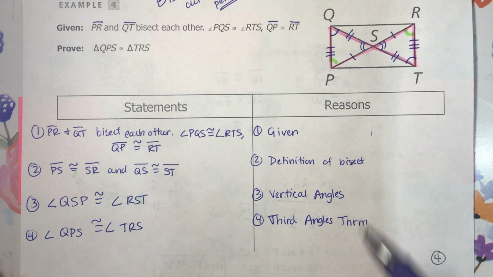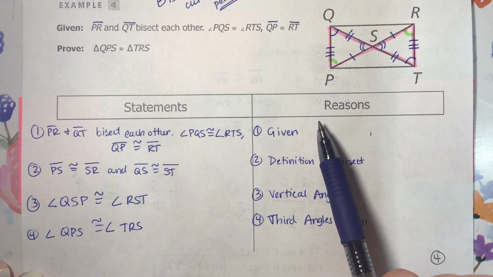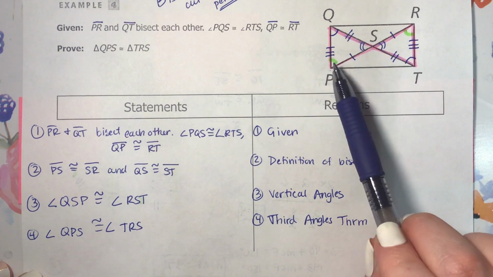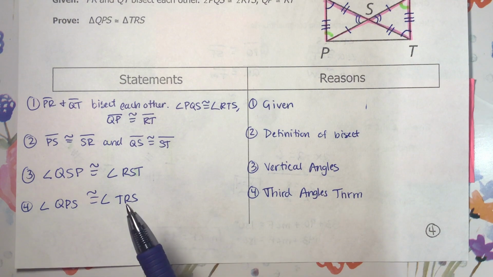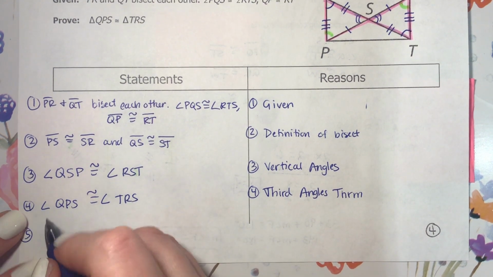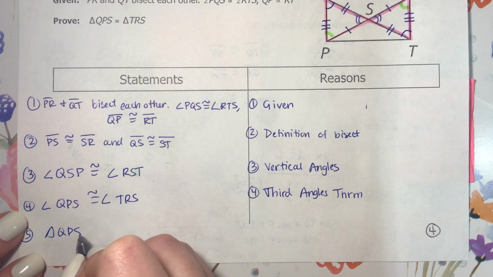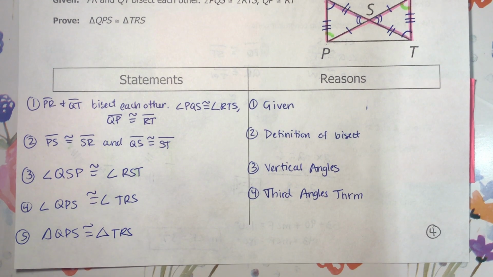So now I'm at a point where I have 3 pairs of sides that are congruent to each other, as well as 3 pairs of angles that are congruent to each other. Because all the sides are congruent and all the angles are congruent, I can then say, triangle QPS is congruent to triangle TRS based off of what the definition of a congruent figure is.